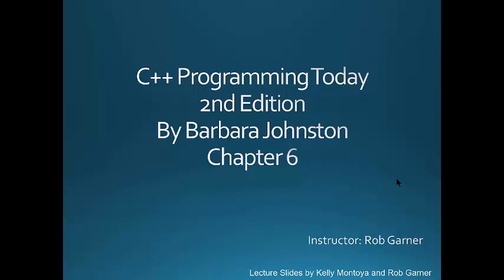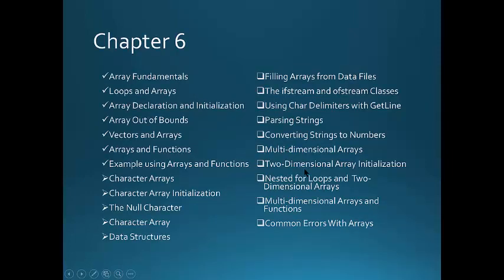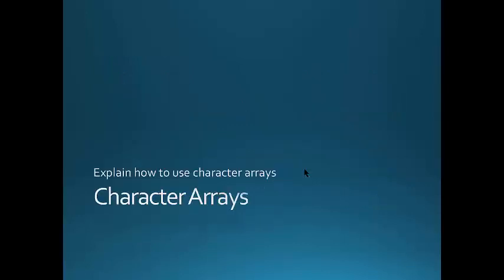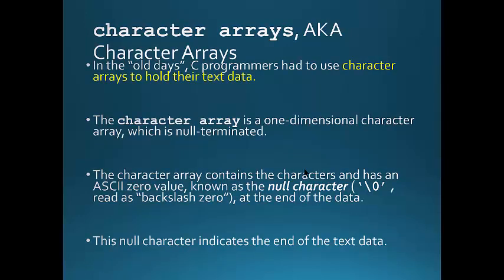Then I'm going to go ahead, and the next thing we're going to look at is working with strings, and actually working with strings as arrays. Today we're going to look at character arrays and a little bit about how a string is stored underneath it all.